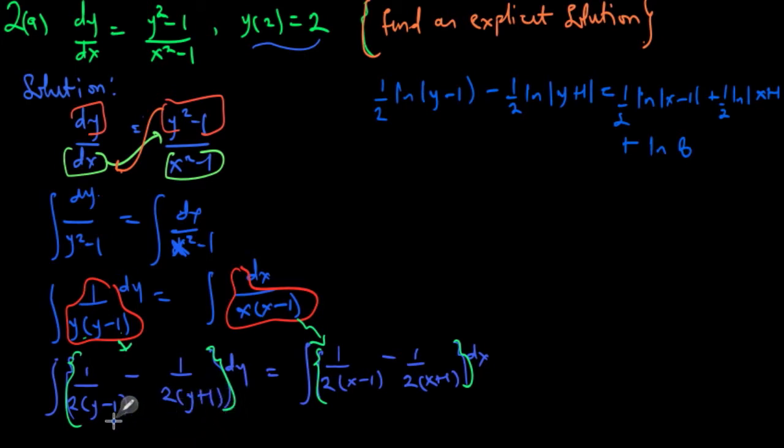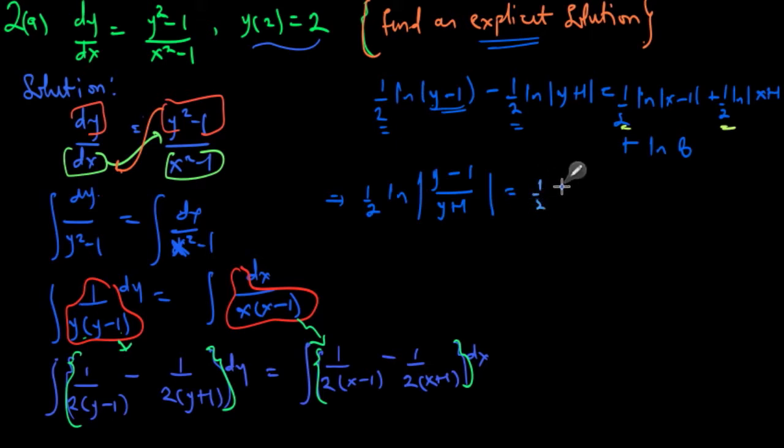So our aim is to find y. We want to find an explicit solution, actually. So the next thing is this. Half is common in the two of them, then we apply the laws of logarithm. You have ln of (y minus 1) all over (y plus 1) equals, half is common here too, half into the ln of (x minus 1) all over (x plus 1) plus the ln of b.